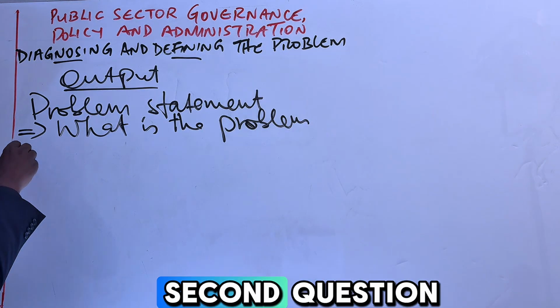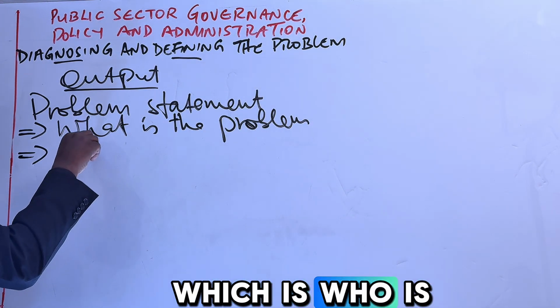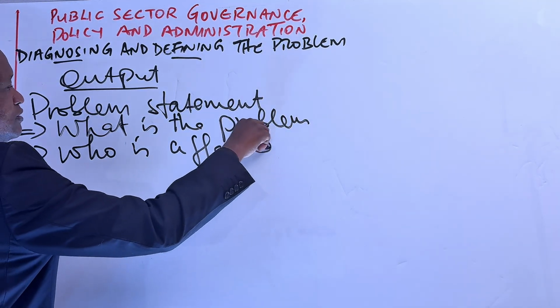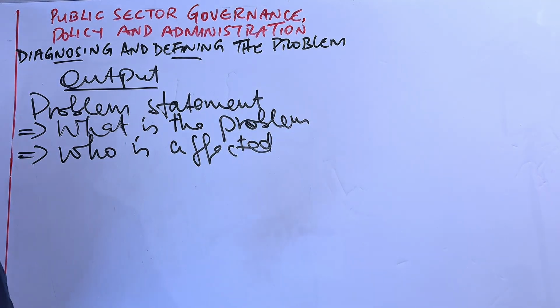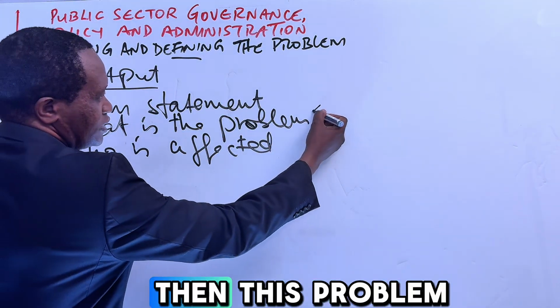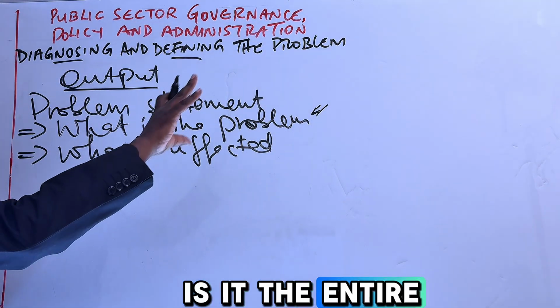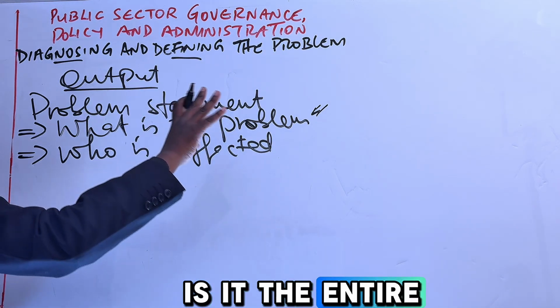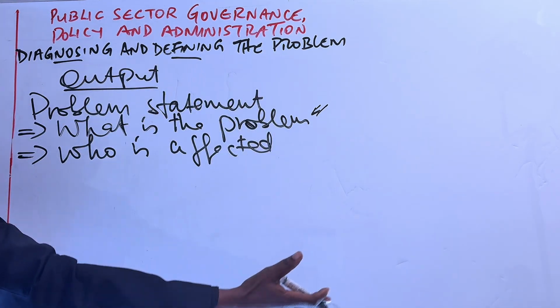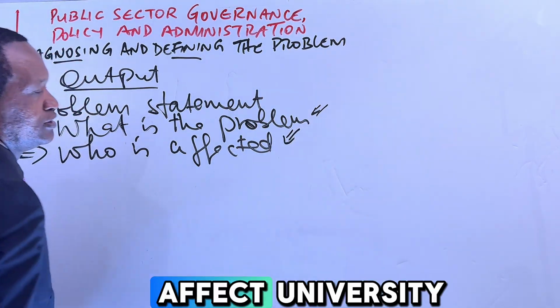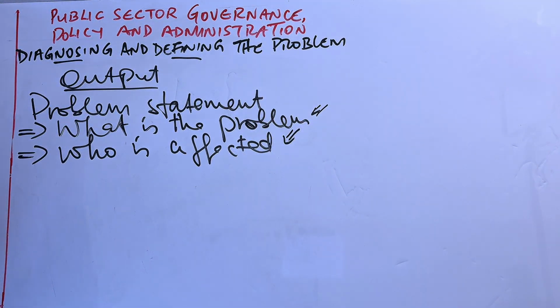Then there is a second question, which is who is affected. If you have a problem, then this problem definitely has to affect someone. Is it the entire community? Is it the entire country? Is it a segment? Does the problem affect university students?